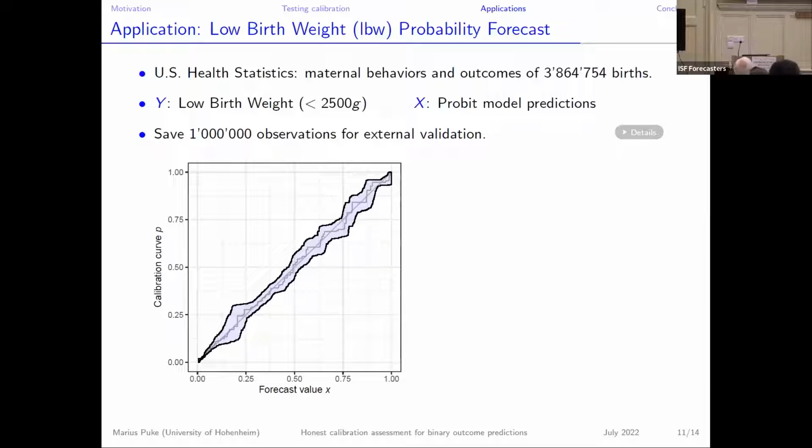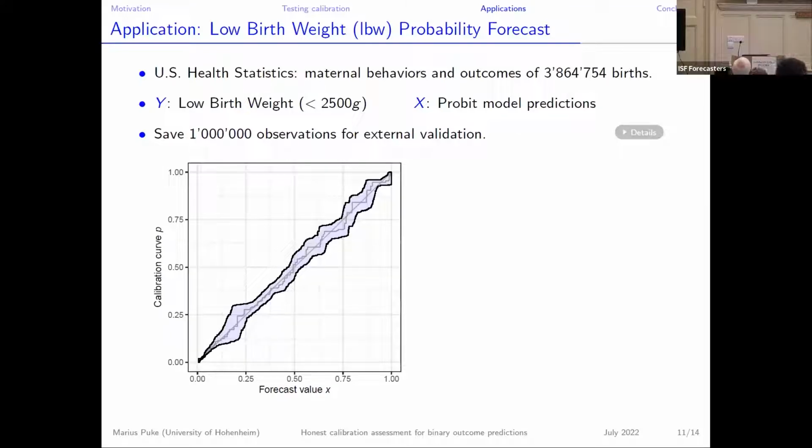They publish each year data on newborn children. For 2017, they published 3.8 million births and information according to that. We constructed this binary variable y, which is low birth weight in this case. Low birth weight is defined as a birth weight smaller than 2,500 grams. Based on this, we tried to come up with a probit prediction model.